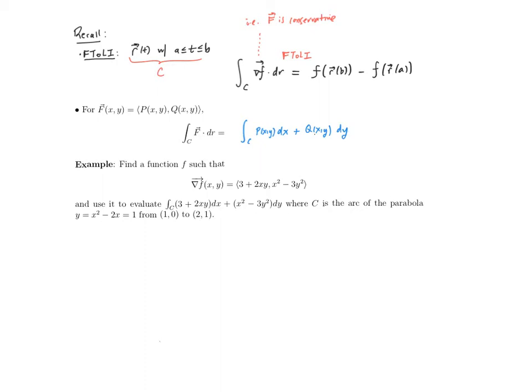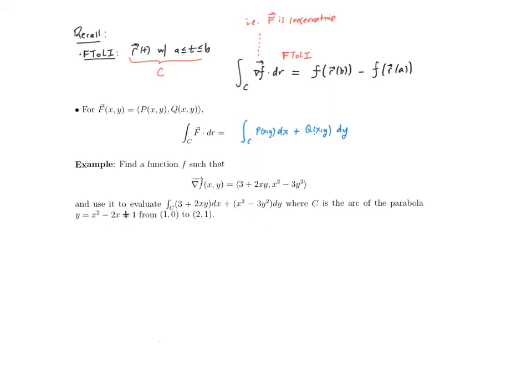Let's now explore an example. Note this example has really two parts to it. The first part is to find a function little f so that the given vector field is the gradient of f. Once we find that function little f, we'll use it to evaluate a line integral.